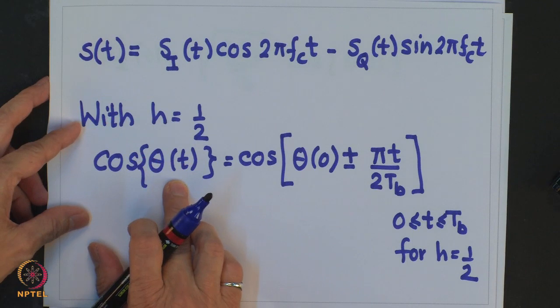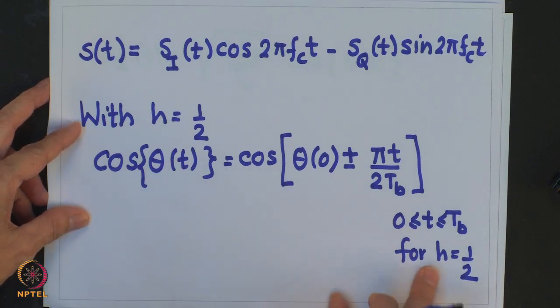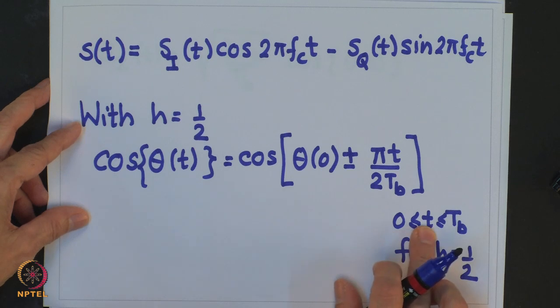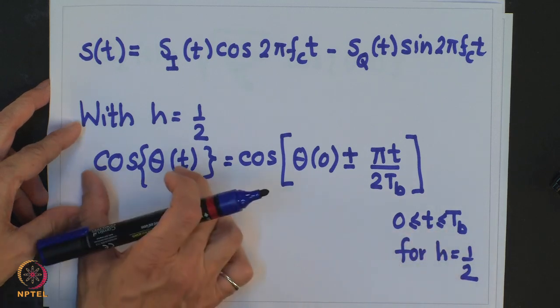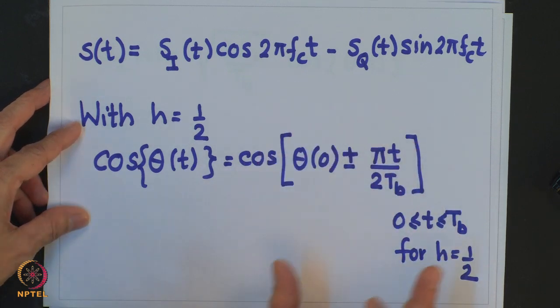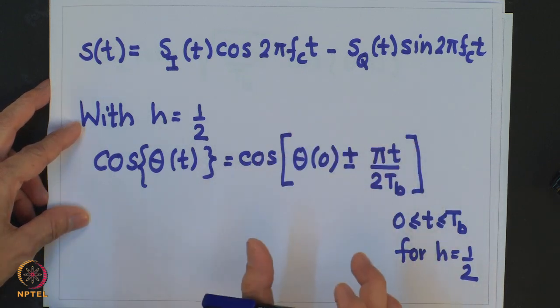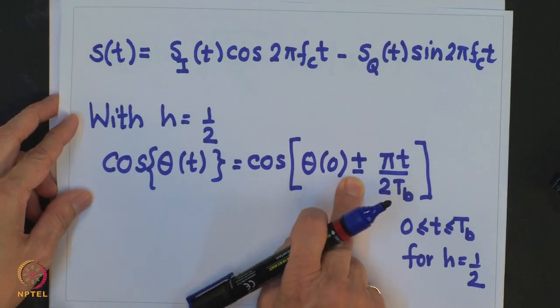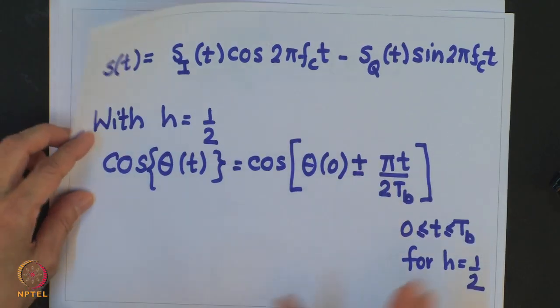What we have written here is also valid between minus Tb to 0. So, cos theta(t), this relationship can be extended between minus Tb to plus Tb, correct. The only thing is that the algebraic sign is not necessarily the same in both the intervals.